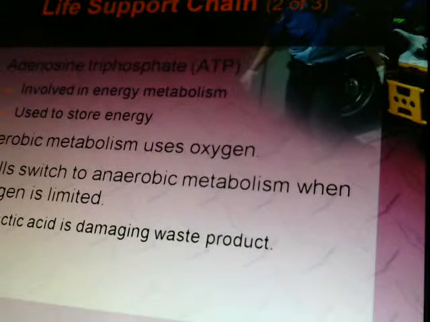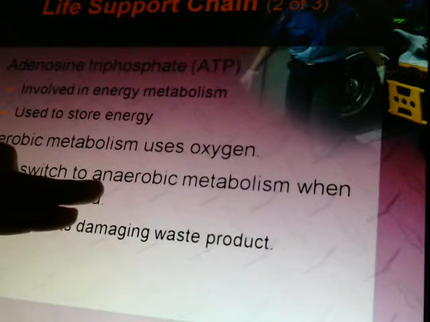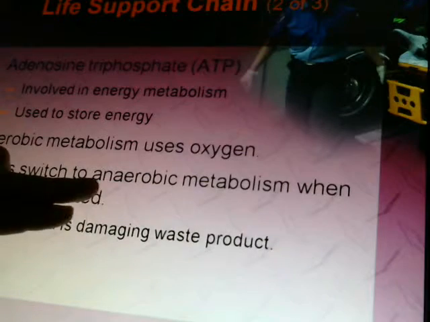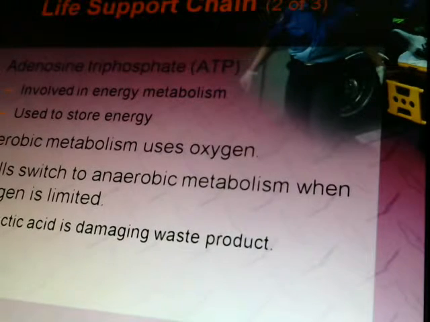When you're talking about medical terminology, when you see the prefix AN, as in anaerobic, that means the absence of, or no. So aerobic metabolism uses oxygen, and cells switch to anaerobic metabolism, or no oxygen or low oxygen.